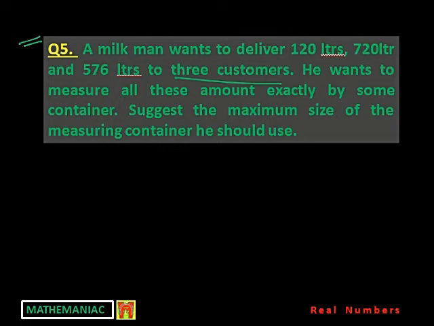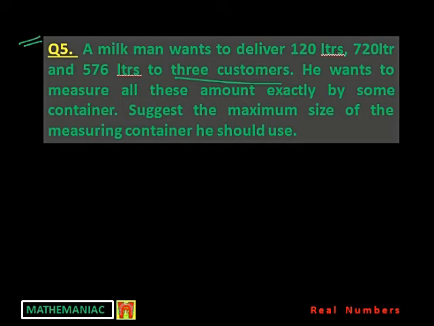Okay. So they are asking what particular container, if you take, will give us such a scope where each of these we can measure a perfect number of times by that particular measuring container.